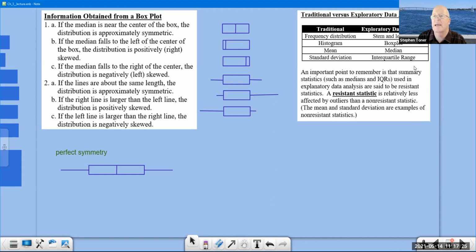Remember how we had a frequency histogram and a relative frequency histogram? The shapes were exactly the same. One actually gave us the counts, how many values were in each category. The other one gave us the percentage that were in each category. So when you had the actual values, you could go back and reconstruct the data set.